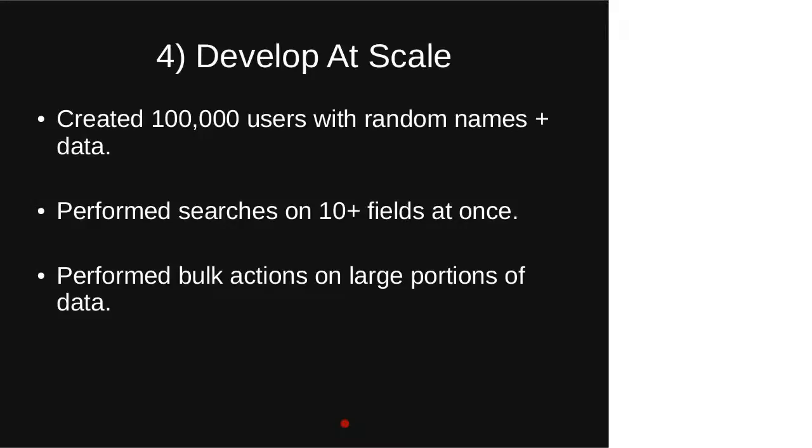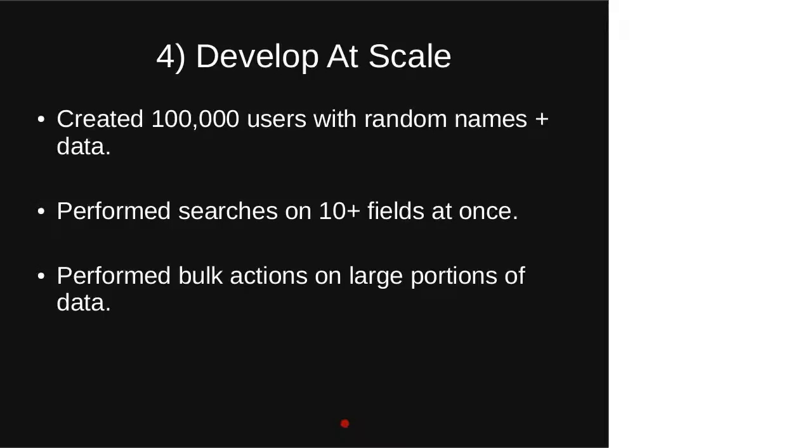Now, we did develop this at scale. We actually did create 100,000 users with random names, random data, and developed it using that information. We performed searches on 10 plus fields at once. We tried to do very, very complex searching and filtering.